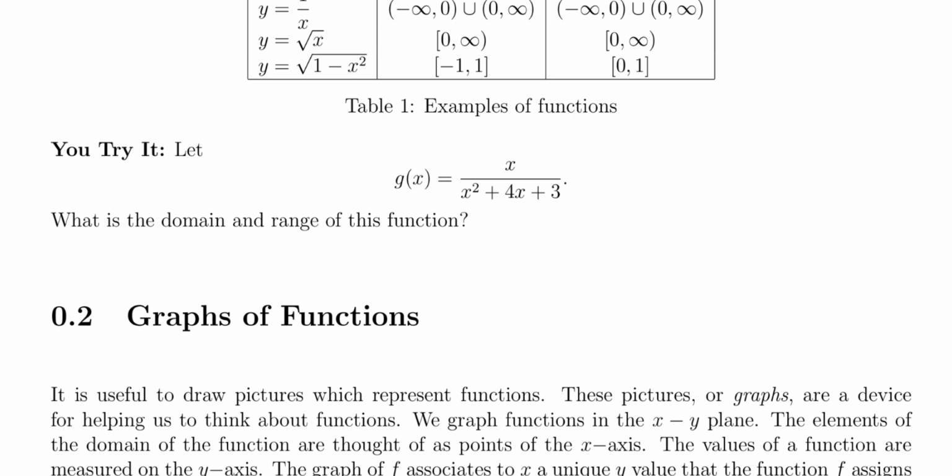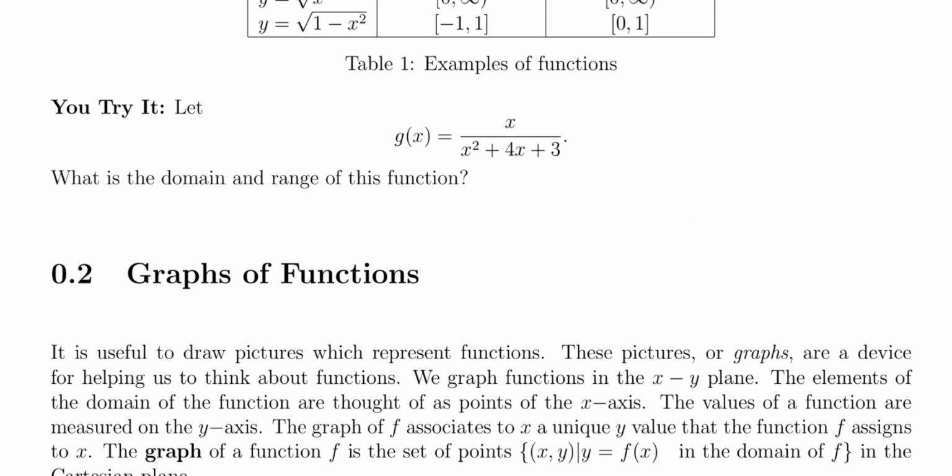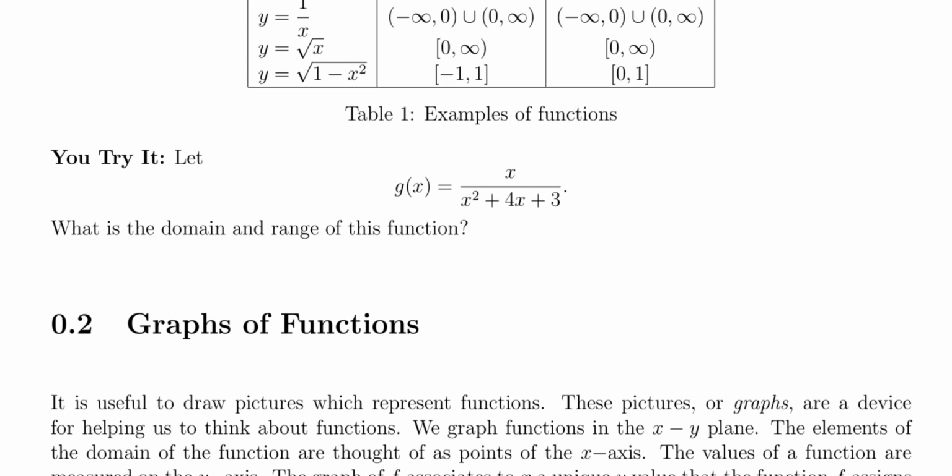Okay, so for y equal to the square root of 1 minus x squared, since we have a square right there, our domain is from negative 1 to 1.